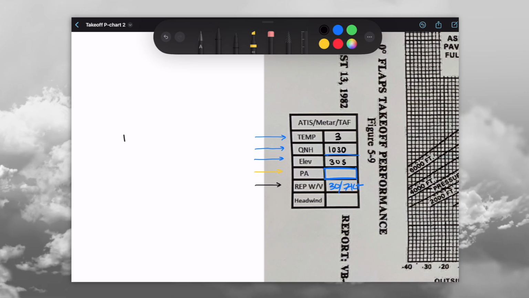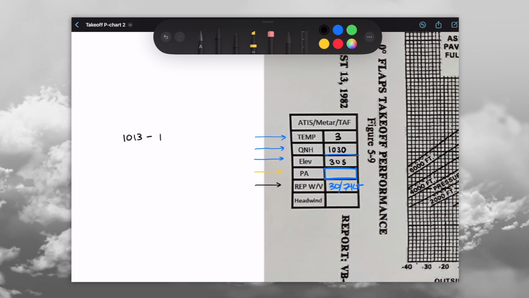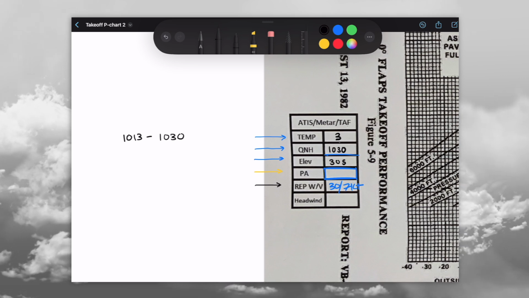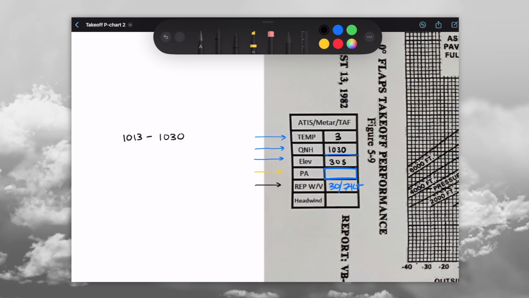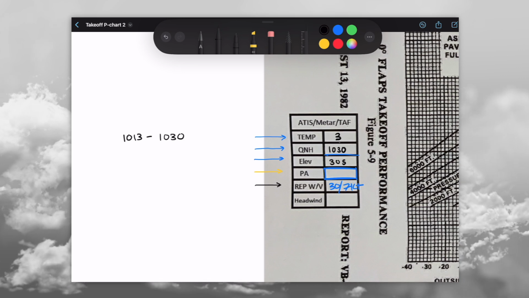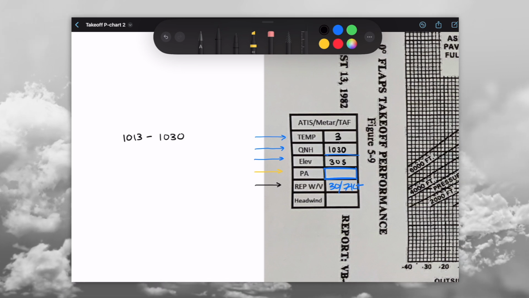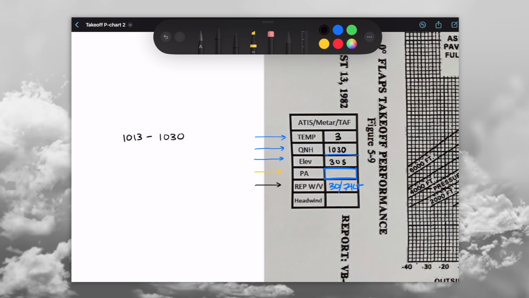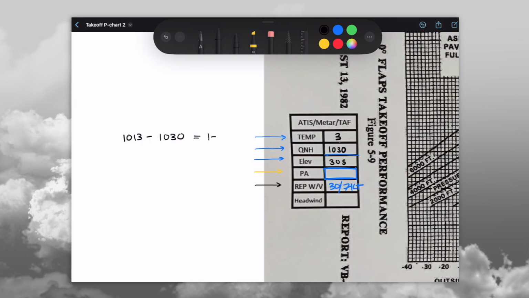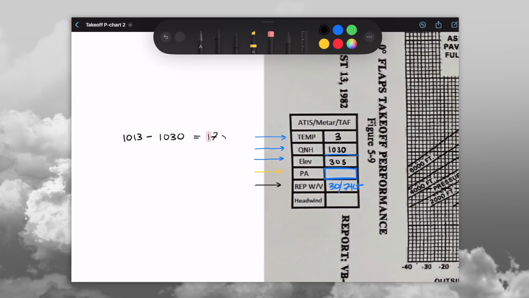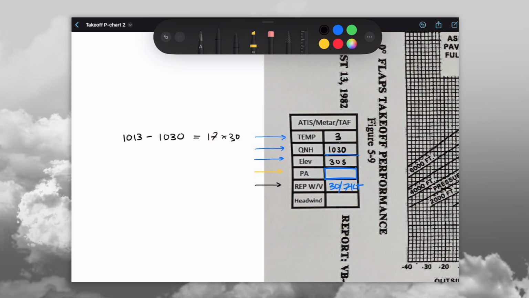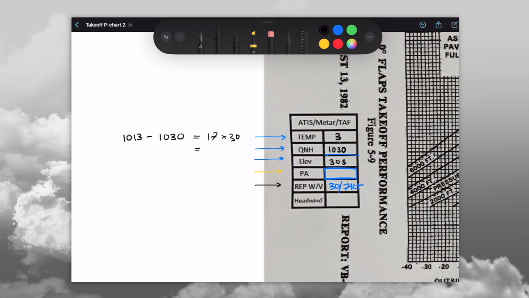So 1013 minus 1030, and we won't worry about adding or subtracting at the moment, because we're going to think about what these numbers represent to determine whether we add or subtract this from our aerodrome elevation to calculate our pressure altitude. And so that's going to give us 17, and we multiply that by 30, which gives us 510.